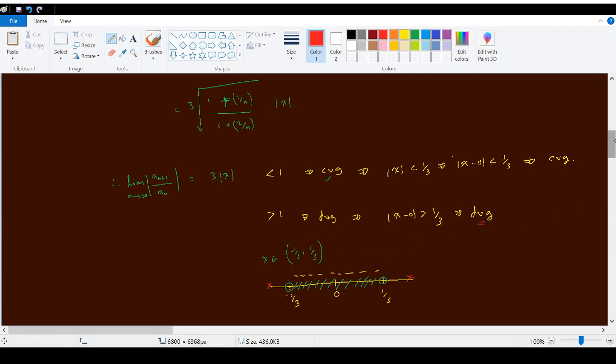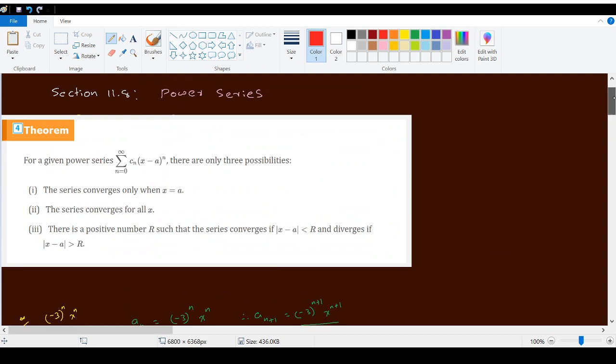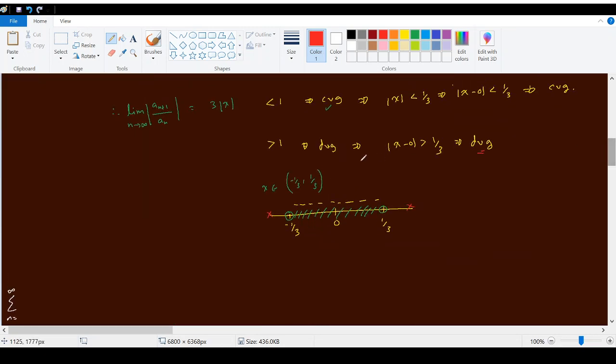Now from this theorem you can see that our specific series will fall under the third category. There is a certain positive number, so that the series will converge for the values less than that number. So here in this case the radius of convergence is 1/3.